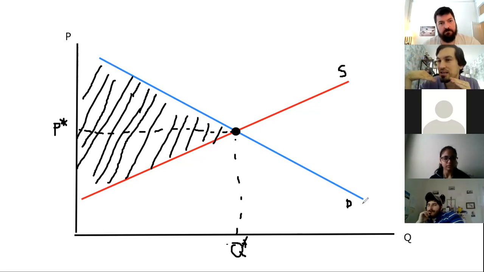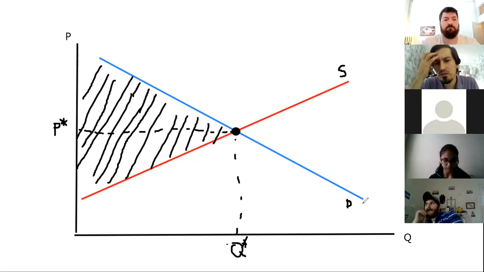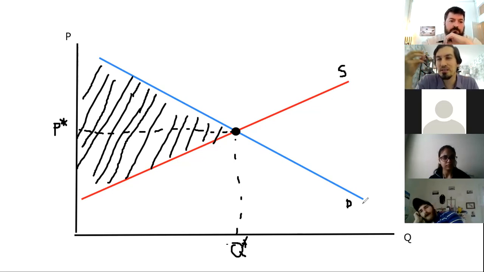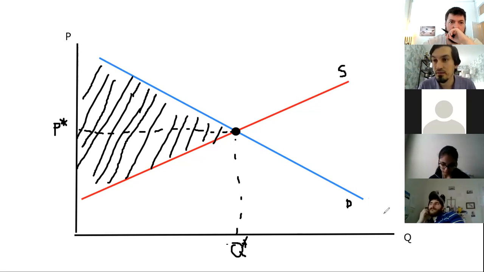But it's not just that the actual supply curve shifts. We could think of it as a different type of supply curve, not the actual supply curve of the businesses who are selling this thing for a profit. Instead, we think of it as the social cost of this thing.